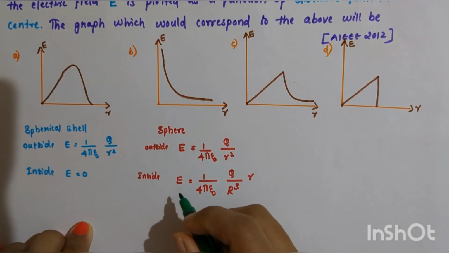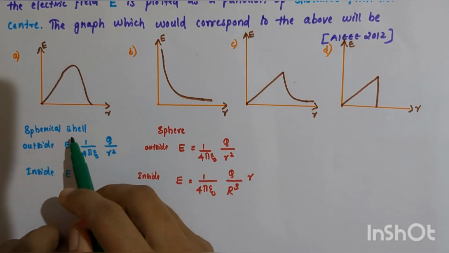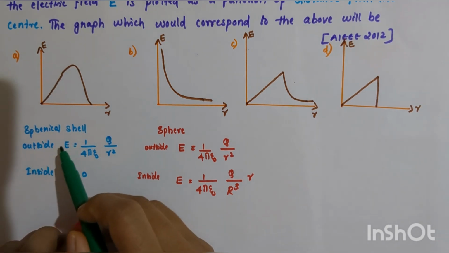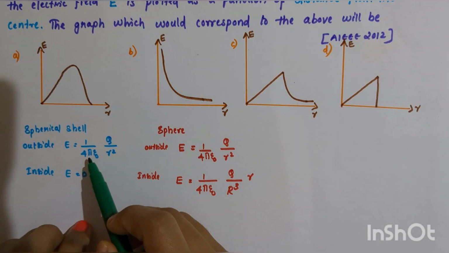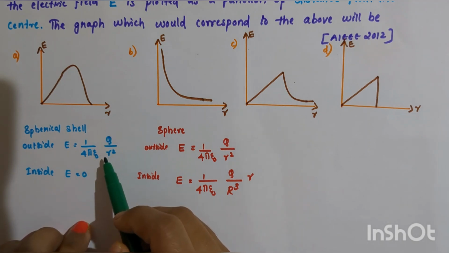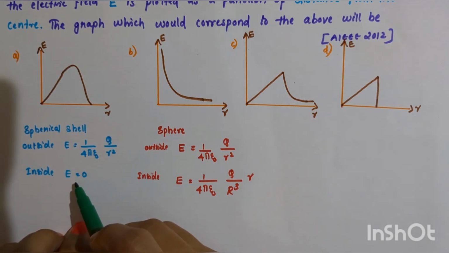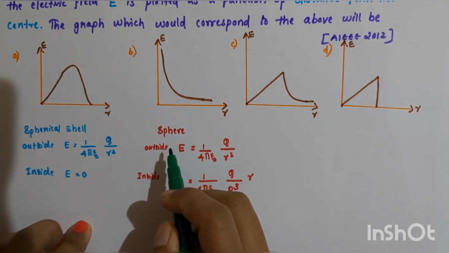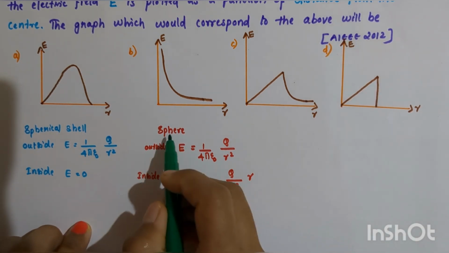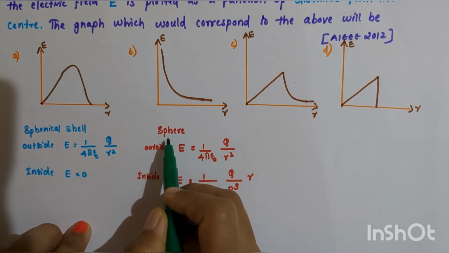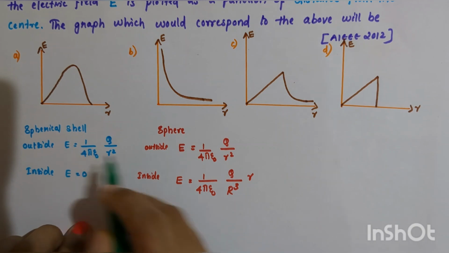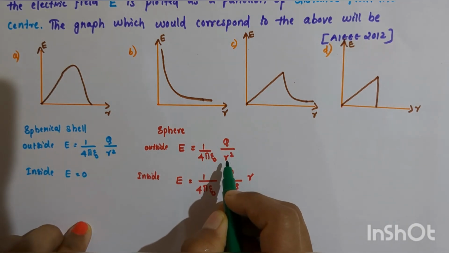So we already know that for a uniformly charged spherical shell, the electric field outside the shell is 1 by 4 pi epsilon 0 Q by r square, and the electric field inside the shell is 0. But this question is based on a uniformly charged sphere. For a uniformly charged sphere, the electric field outside the sphere is similar to this, which is 1 by 4 pi epsilon 0 Q by r square.